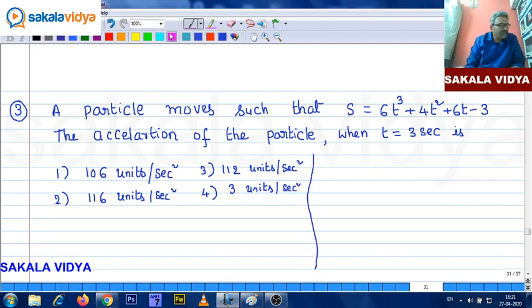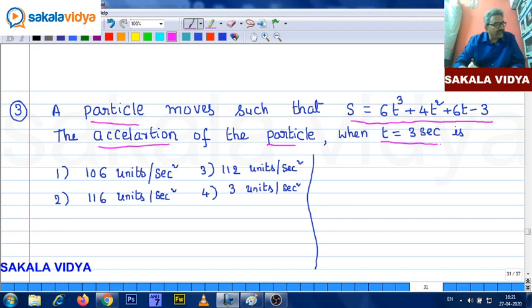First let me read out the question. A particle moves such that S is equal to 6t cube plus 4t square plus 6t minus 3. The acceleration of the particle when t is equal to 3 seconds. That means acceleration at t is equal to 3 we need to find out. First we need to find ds by dt so that we get v.